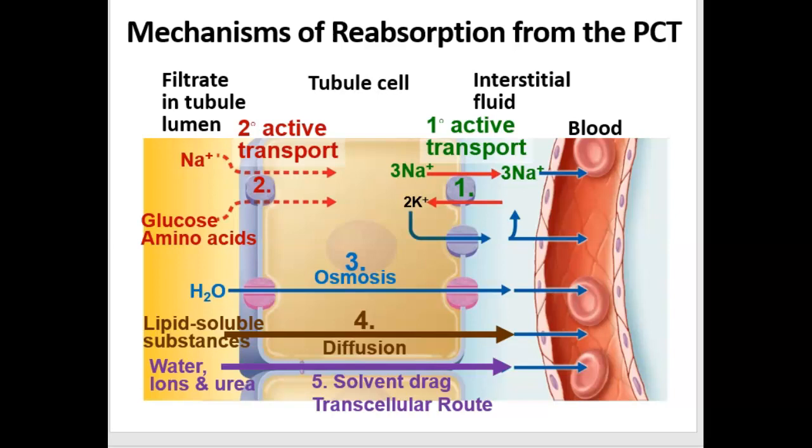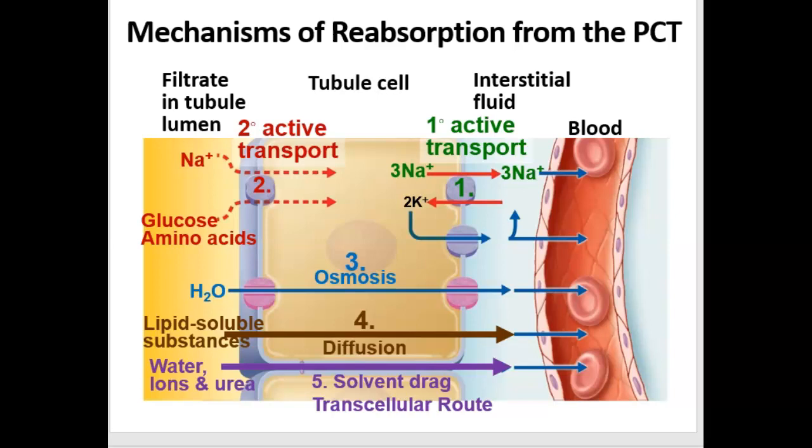This is on the basal surface of the cell, the nephron wall, close to the interstitial space, and 3 sodiums are pumped out of the nephron tubule cell, and 2 potassiums go into the nephron tubule cell. So this helps move sodium against a gradient.